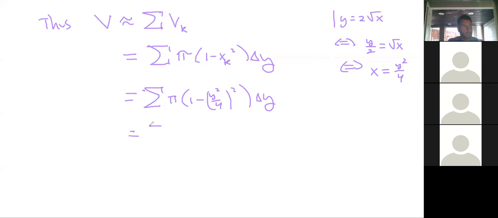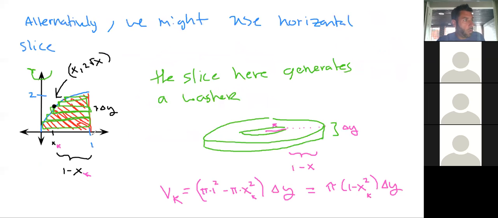Which of course is pi times 1 minus y to the 4th over 16 dy. And so if you want to use this approximation to get an integral, we have to send n to infinity. So if I go to the last page, where does y start and end?